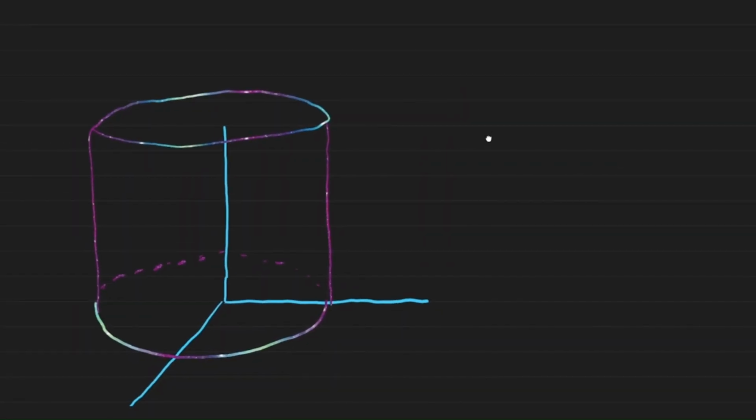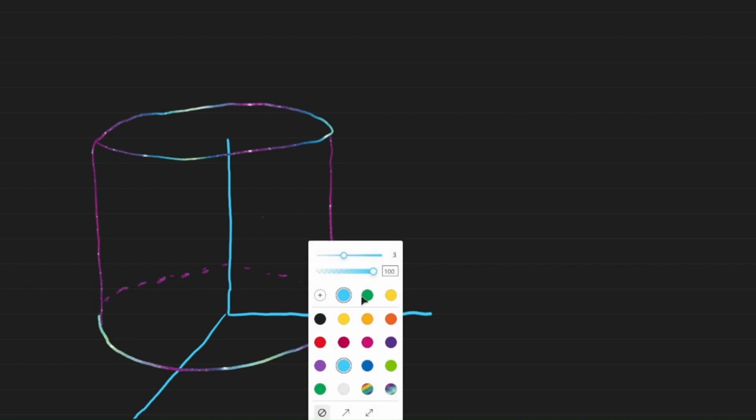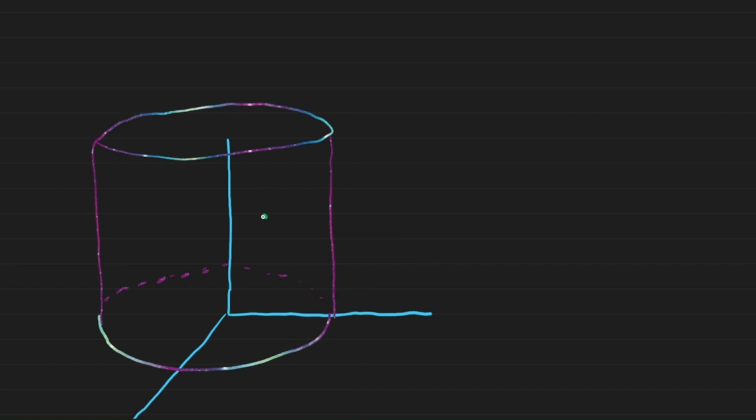So if we have a cylinder, and we're converting to cylindrical coordinates, and we take a random point on the cylinder, and we think about its projection on the xy plane, the height of this point, that is from the base to the point, is just z, so that doesn't change in this coordinate system.